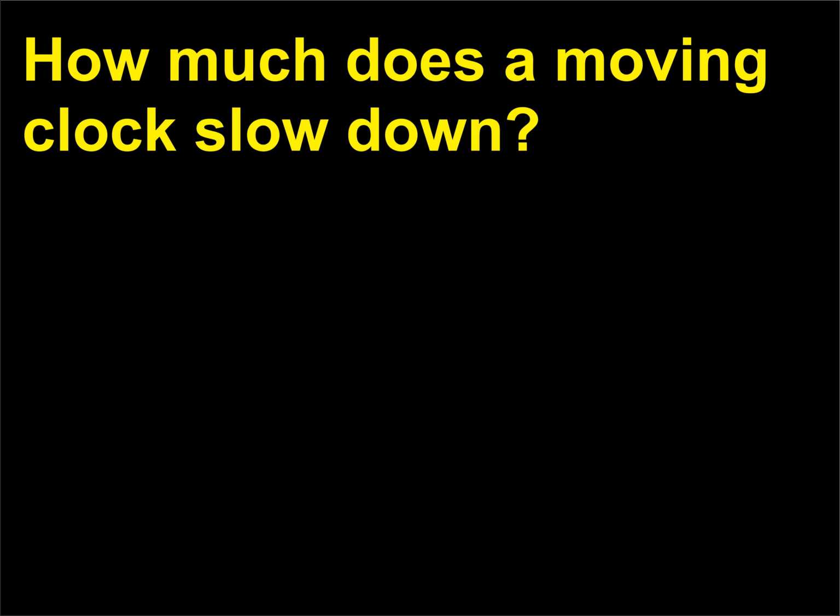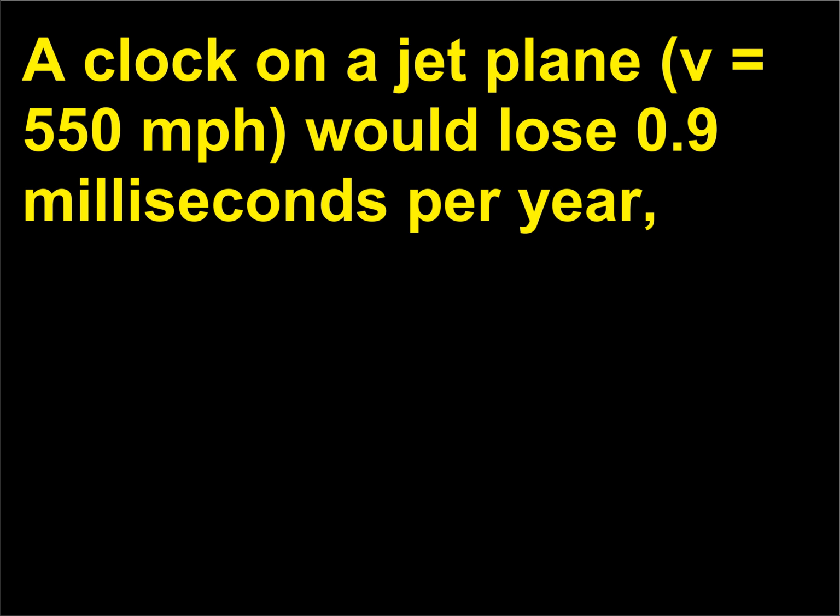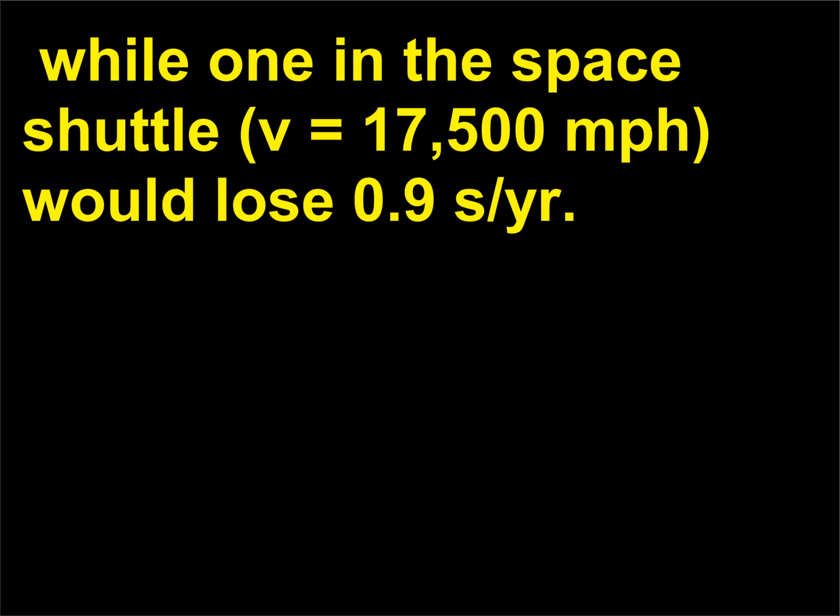How much does a moving clock slow down? A clock on a jet plane, v equals 550 miles per hour, would lose 0.9 milliseconds per year. While one in the space shuttle, v equals 17,500 miles per hour, would lose 0.9 s/year.